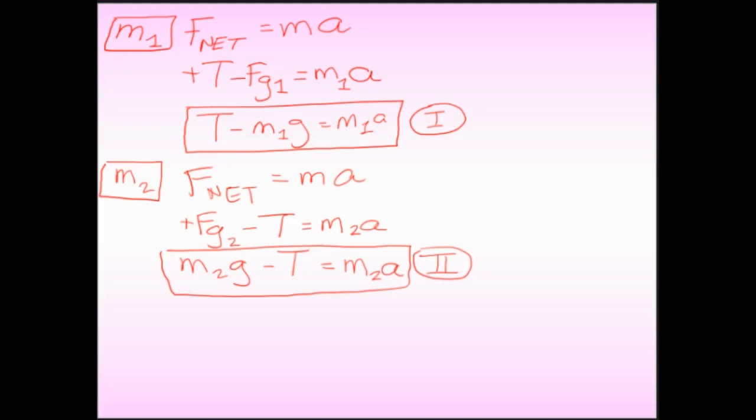By the way, if you ever have a tension problem, tension on one object is winning, but on the other object it's losing, which means for one of them it's pointing with motion, but for the other one, it's pointing against motion. Tension always eliminates itself, which is why I always ask you for acceleration first. Because when something is eliminated, it doesn't get evaluated then. You have to do the subbing in after.